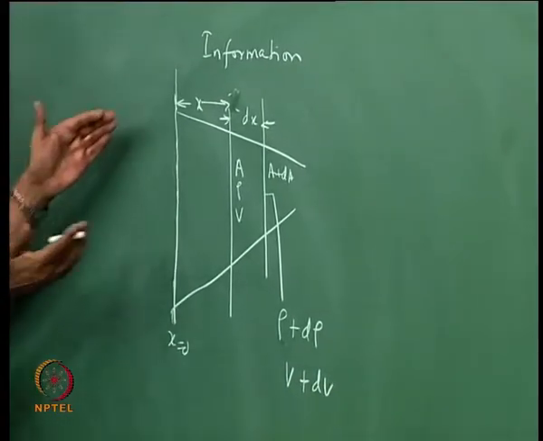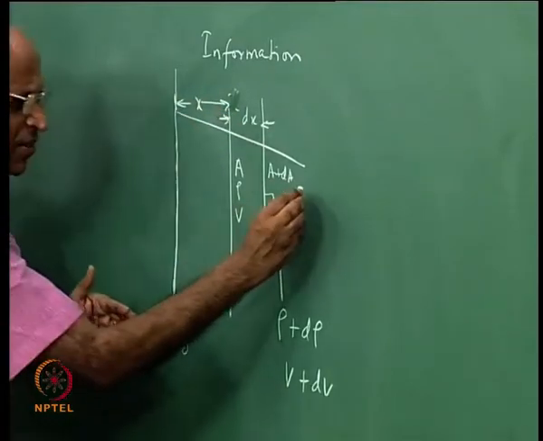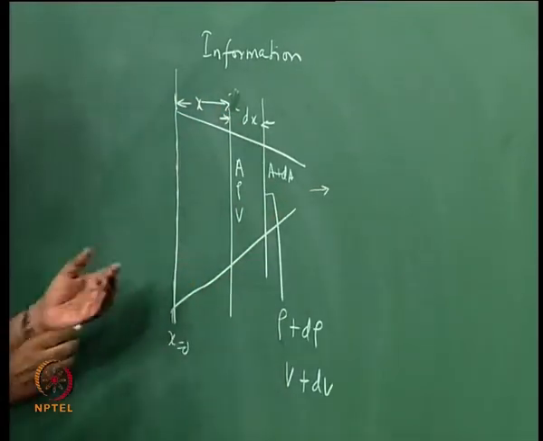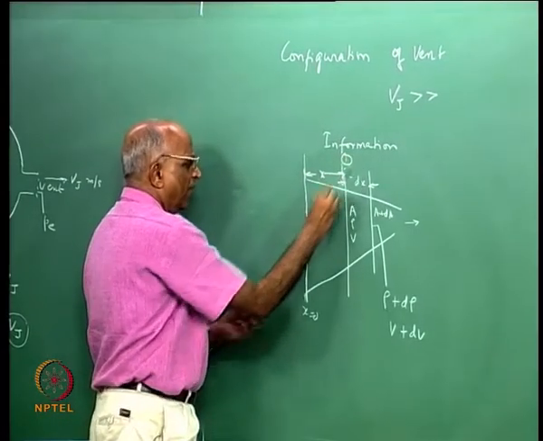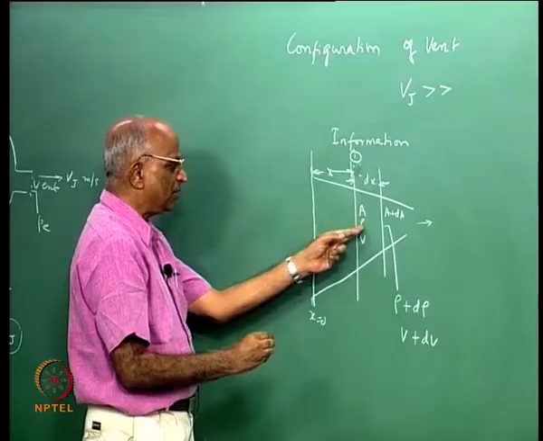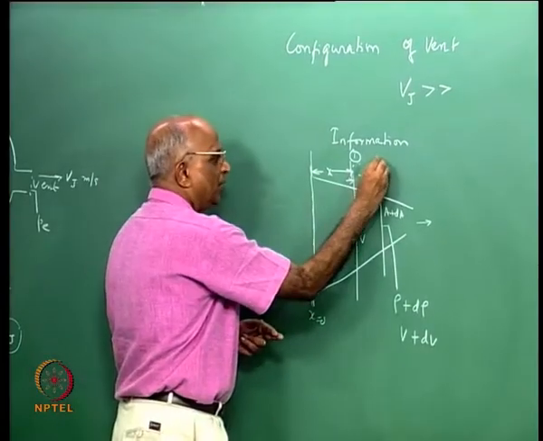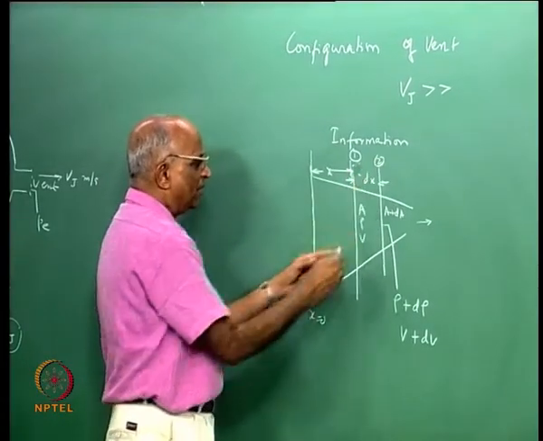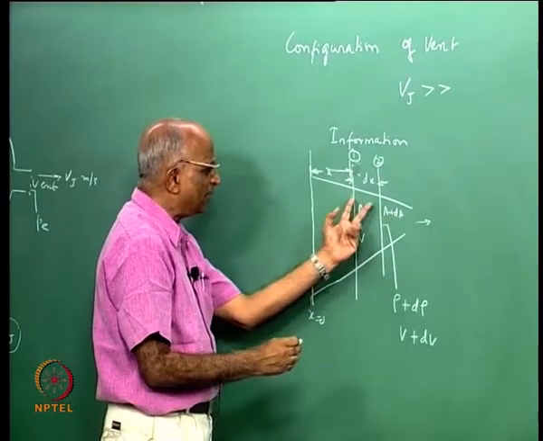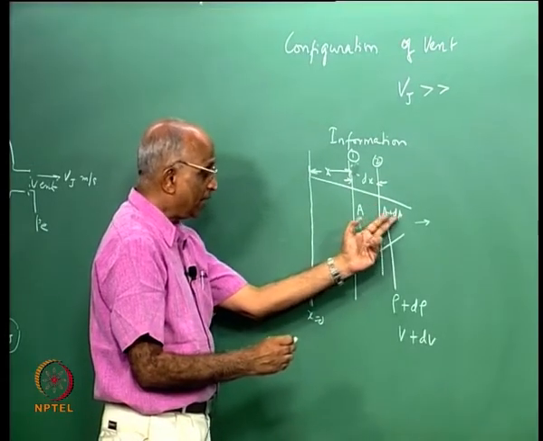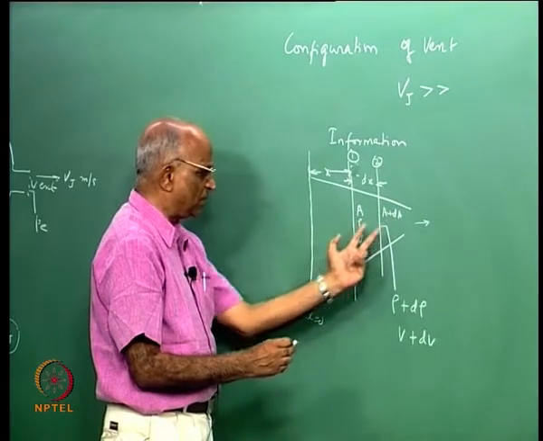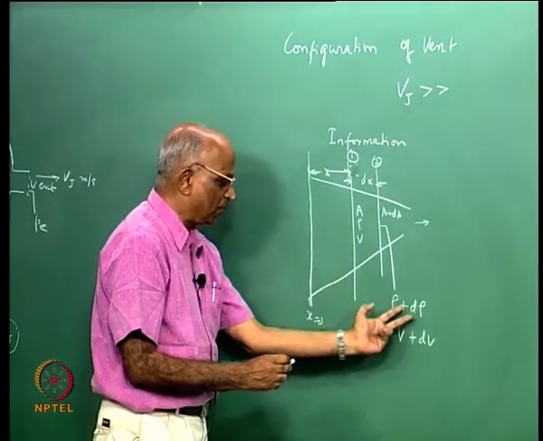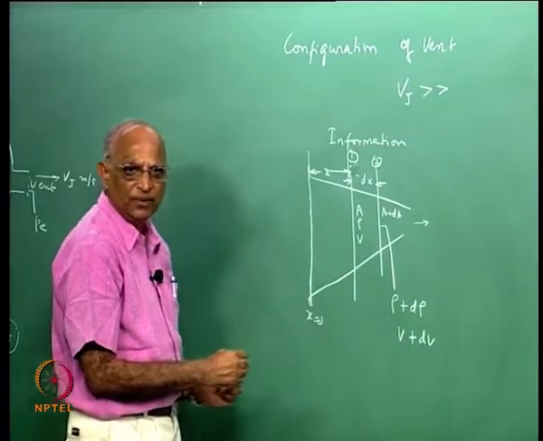My main aim is to find out what must be the shape such that I get a high value of Vj. Therefore, I look at these two sections: section 1 at which the area is A, density is rho, velocity is v, and section 2, dx away from this, at which the area is A plus dA, a small change in area. I think according to this figure dA should be negative, but I just keep it general as A plus dA, with the density rho plus d rho and the velocity v plus dv.